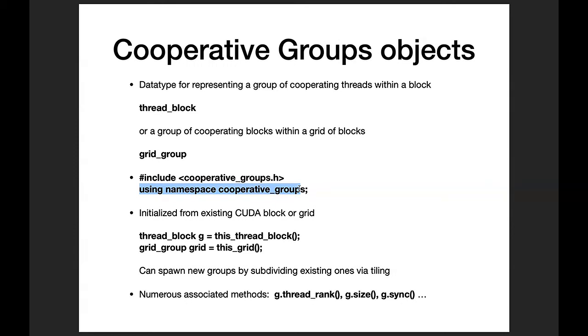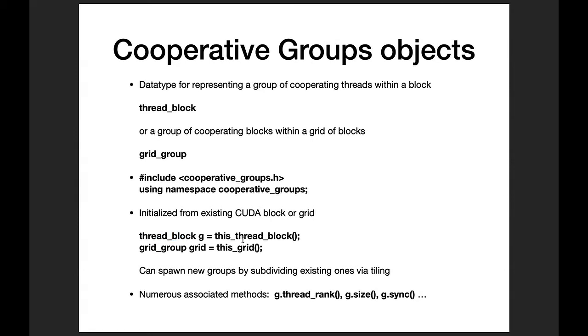So once we have these new objects describing groups of threads, how do you initialize them? Well, you start from existing groups of threads. There's a function called this thread block, which will initialize your thread block group and make it just the existing block.